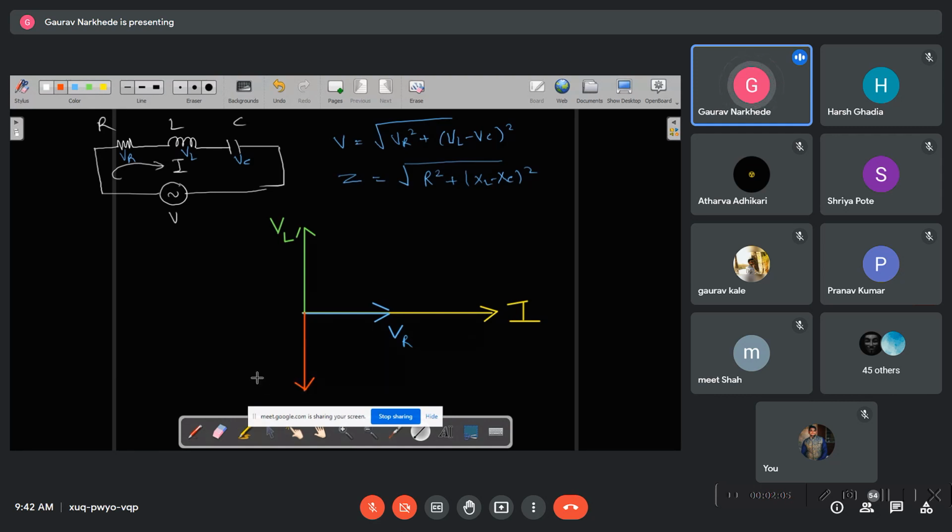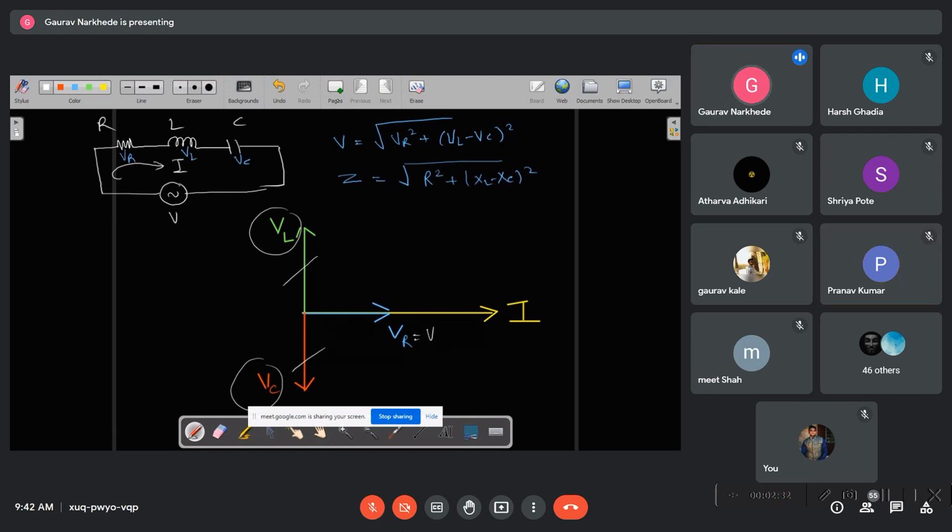In resonance, VL will be equal to VC, so they cancel out, and your VR will be equal to the applied voltage.